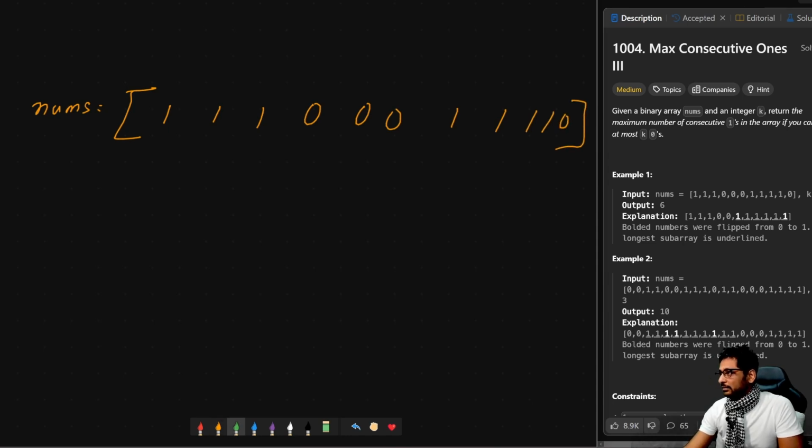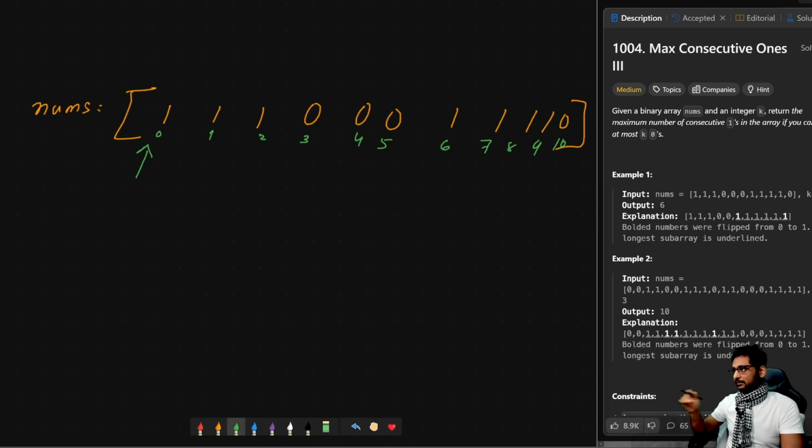So we're going to start our loop from i equal to 0, right? Let's write down the indexes: 0 1 2 3 4 5 6 7 8 9 10. Okay, so we're going to start from index number 0, and we're going to traverse through the array from left to right. And at that time, we're going to keep counting.